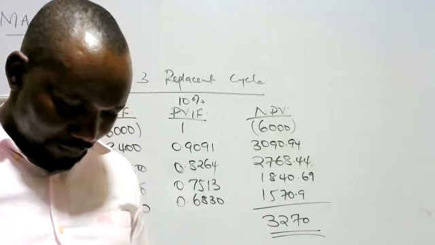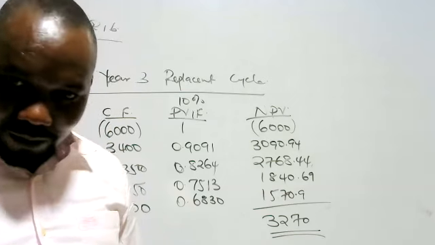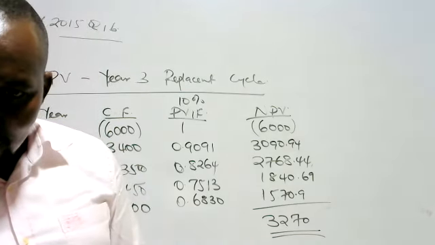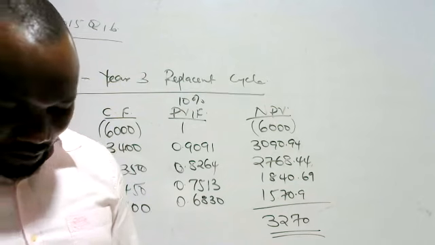Okay, so what is the formula for annuity equivalent? We calculate the annuity equivalent. What is the formula? Another person to tell us?